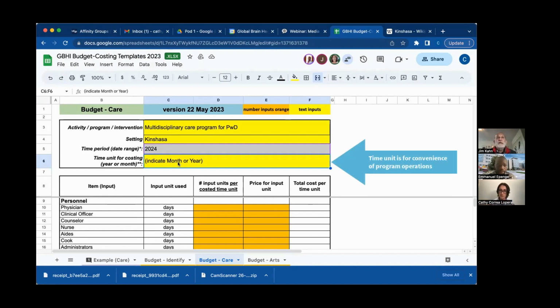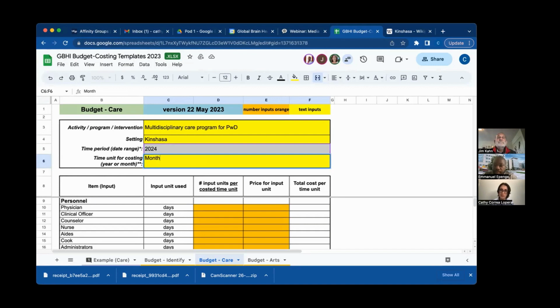If you think about what's needed for the program in terms of months, then you put month. If you prefer to think in terms of an annual budget, then you put year. Those are both reasonable choices, and it depends on how you're thinking about program operations. We can do it for 1 year, 2024, but then the unit will be month, as we only have 1 year.